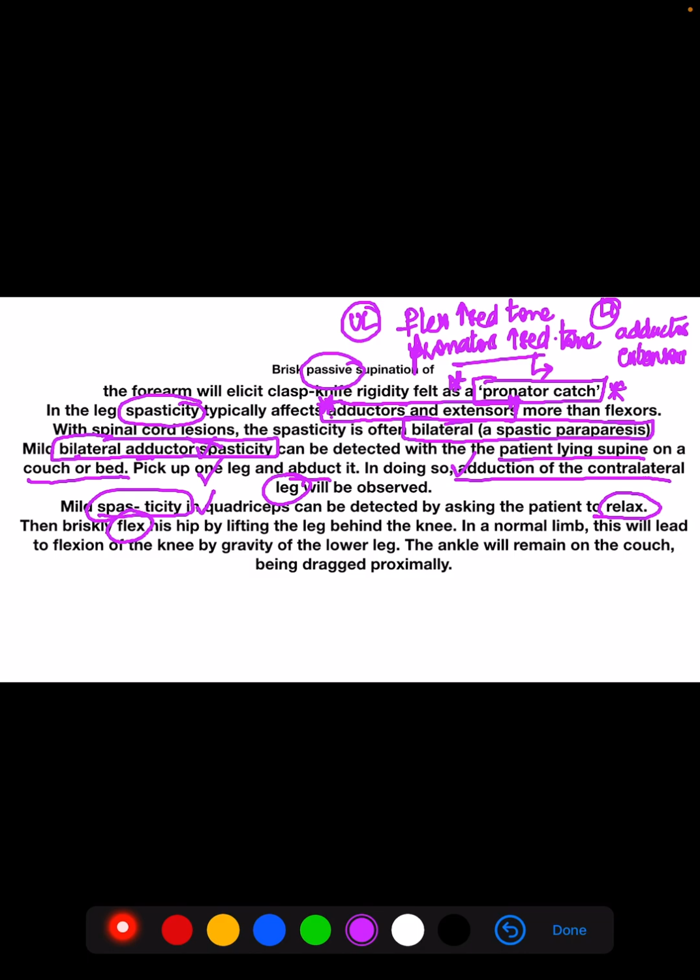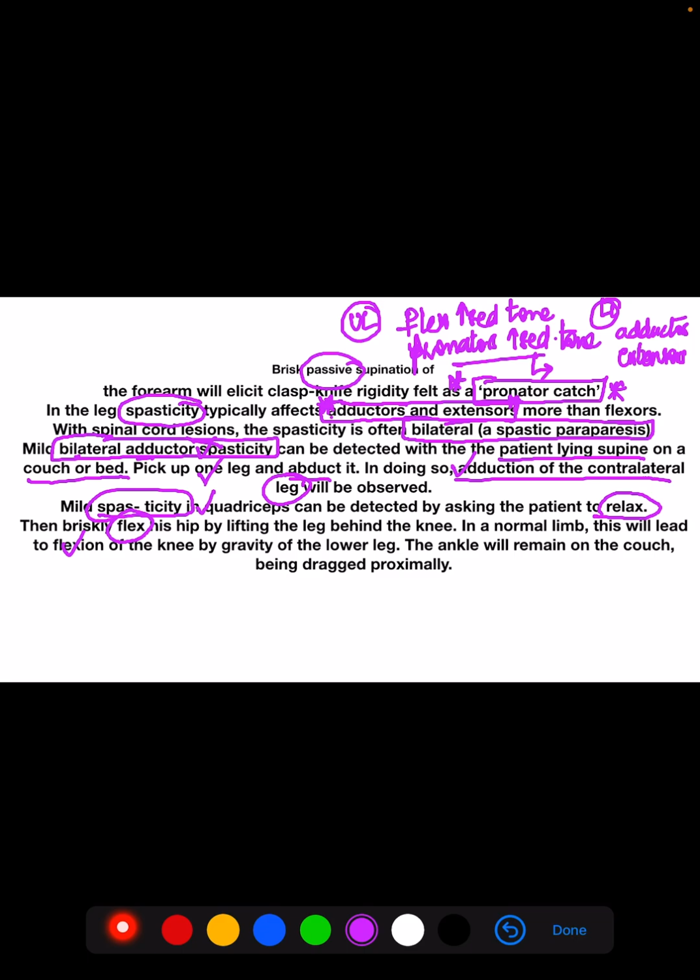So in a normal limb, what will happen? This will lead to flexion of the knee.